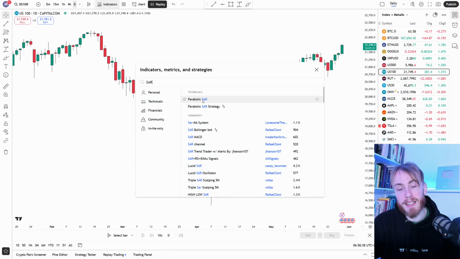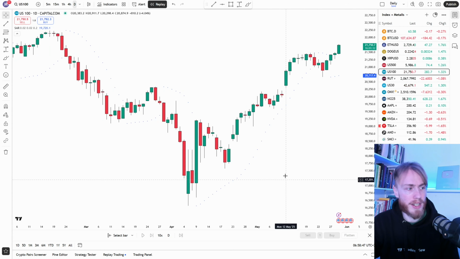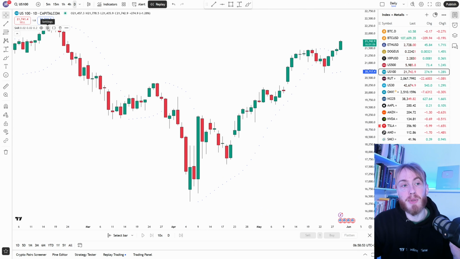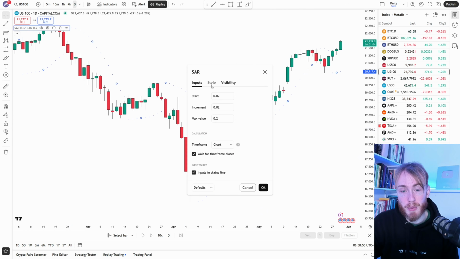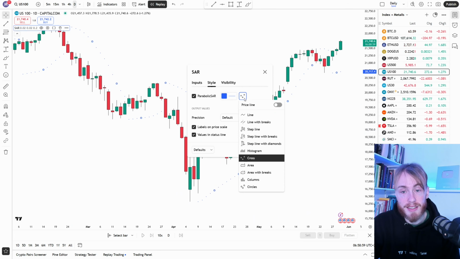But now let's open up the indicator, and you do want to choose this one, just simply called Parabolic SAR right here. And as you can see, when you first open up this indicator, I'm not even sure if you guys can see the indicator right here, and that is because the dots are so small. So I actually right away want to go up here and change a few style settings. What I like to do is change the crosses here to circles.